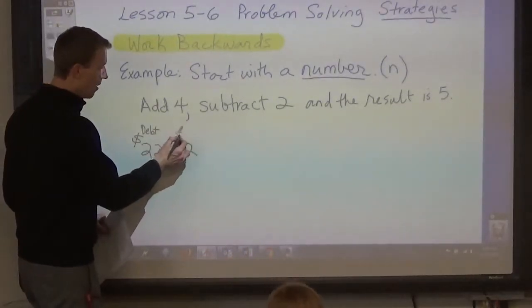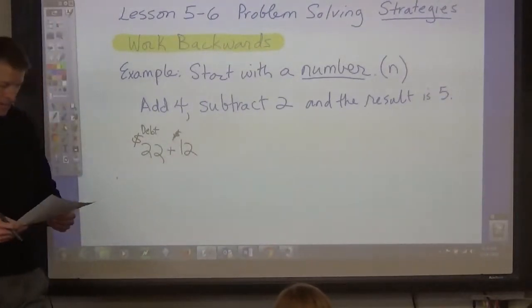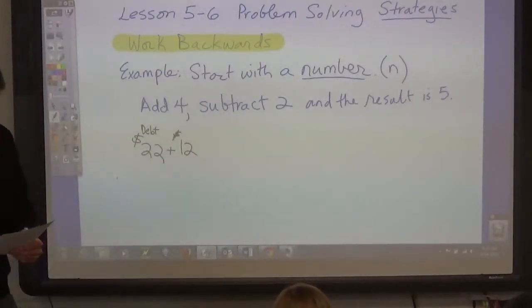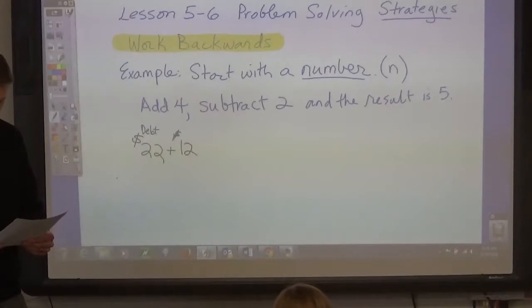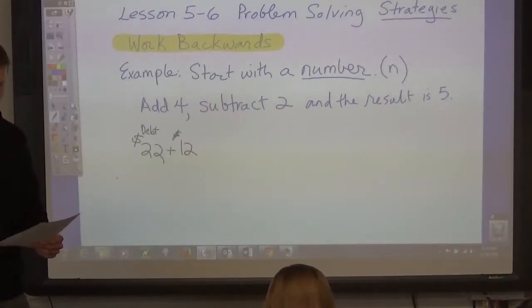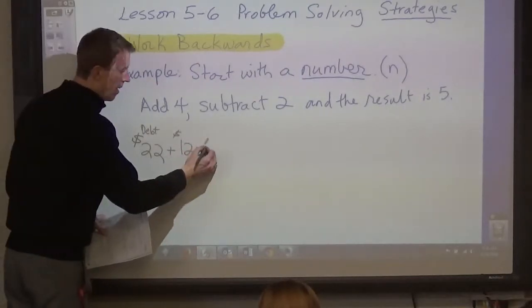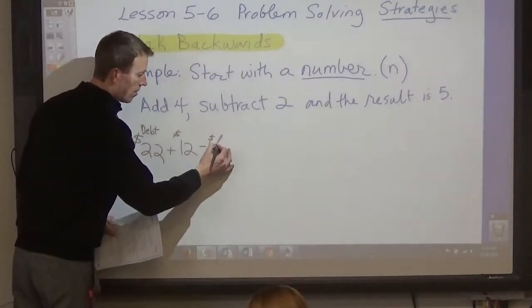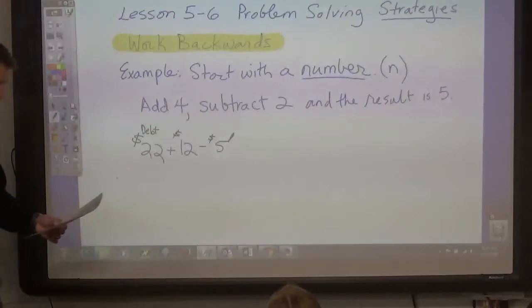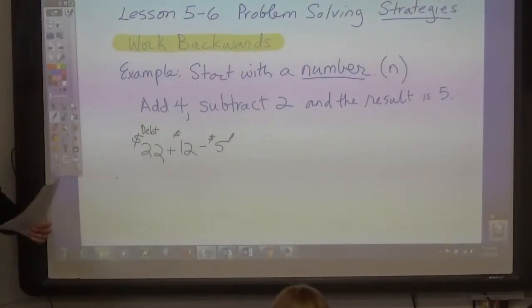So add $12. Then on Friday, she borrowed $5 to go to the movies. So minus 5 from that. Instead of adding that to the debt, we are subtracting that.